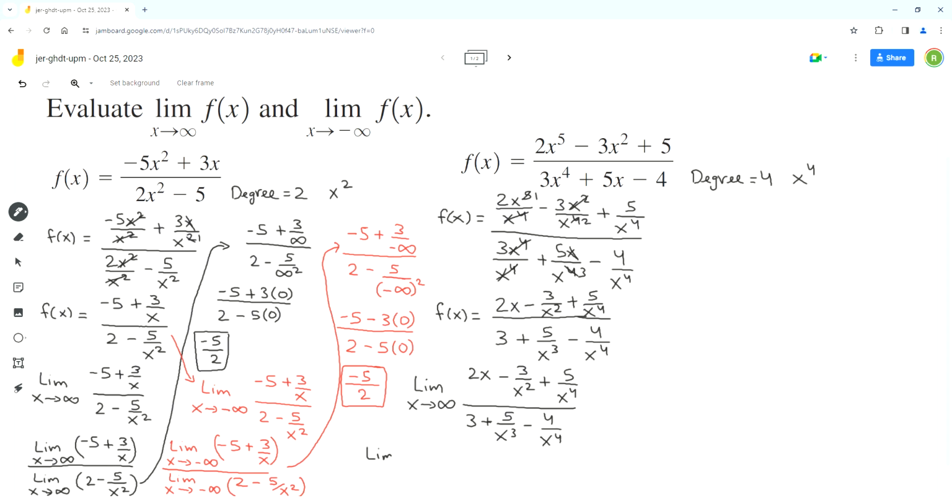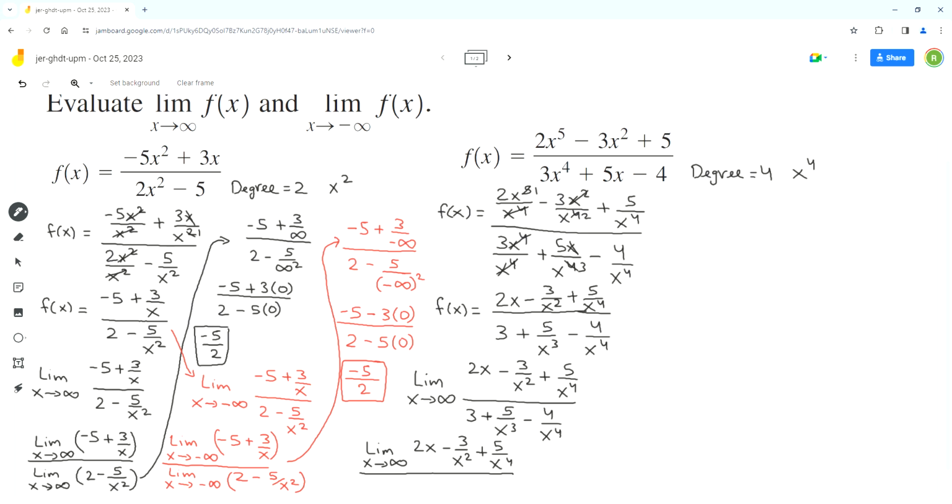So limit x approaches positive infinity of 2x minus 3 over x^2 plus 5 over x^4, over the limit as x approaches infinity of the denominator, 3 plus 5 over x cubed minus 4 over x^4.